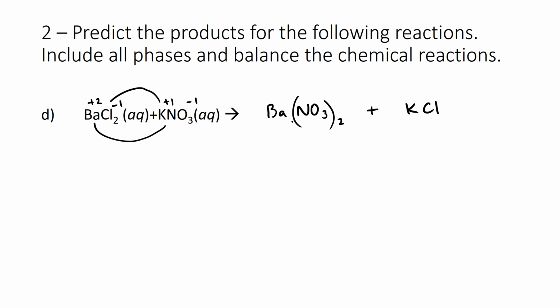Now we just have to balance the equation. On the right side, we have 2 NO3s. And so what we'll have to do, and let me rewrite this so this doesn't get too messy, we're going to have to add a 2 right here in front of the KNO3 in order to balance out the NO3s over here.